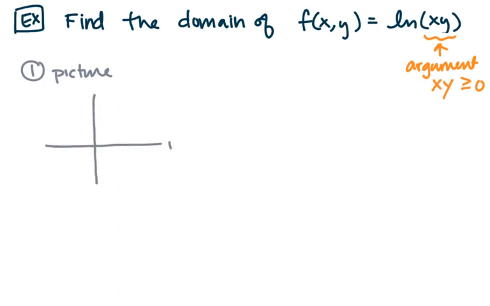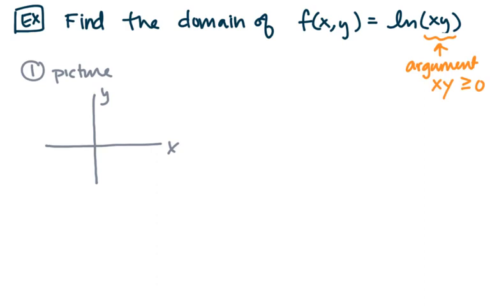So if we think about this on our coordinate xy plane, where would the x times y values be positive? Now remember, if you're multiplying two numbers to get something that's positive, it would have to be two positives or two negatives.